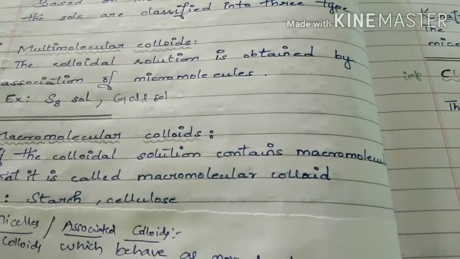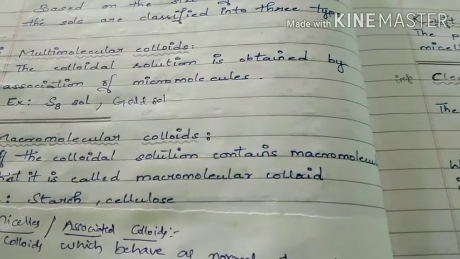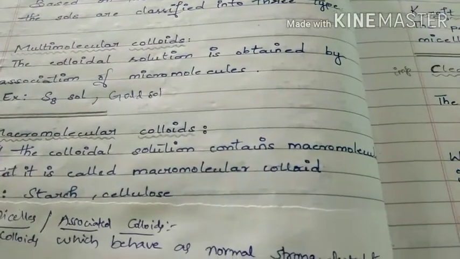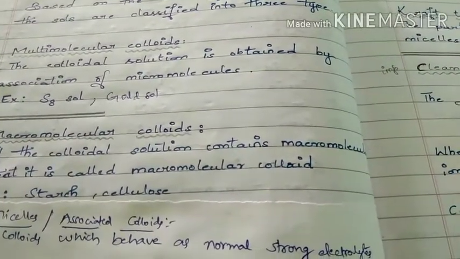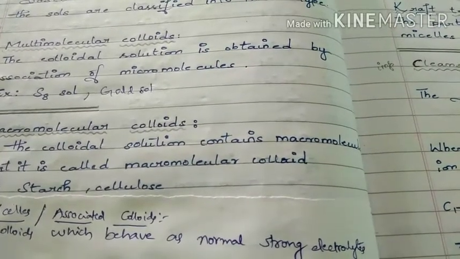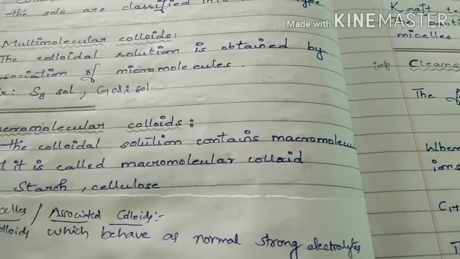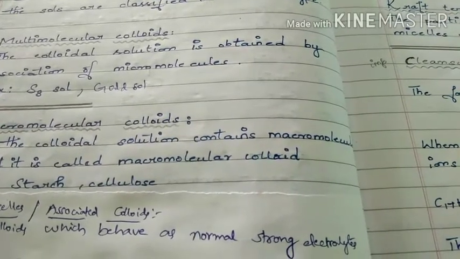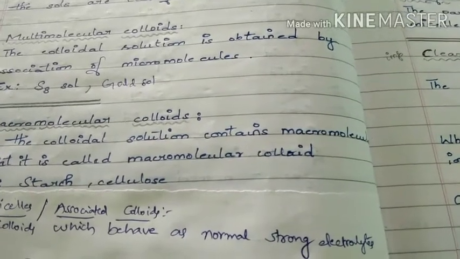That means they aggregate. Then the particles of that colloidal solution should be between 1 millimicron and 1 micron. Then only that solution is considered a colloidal solution. Here that colloidal solution is called multimolecular colloids.